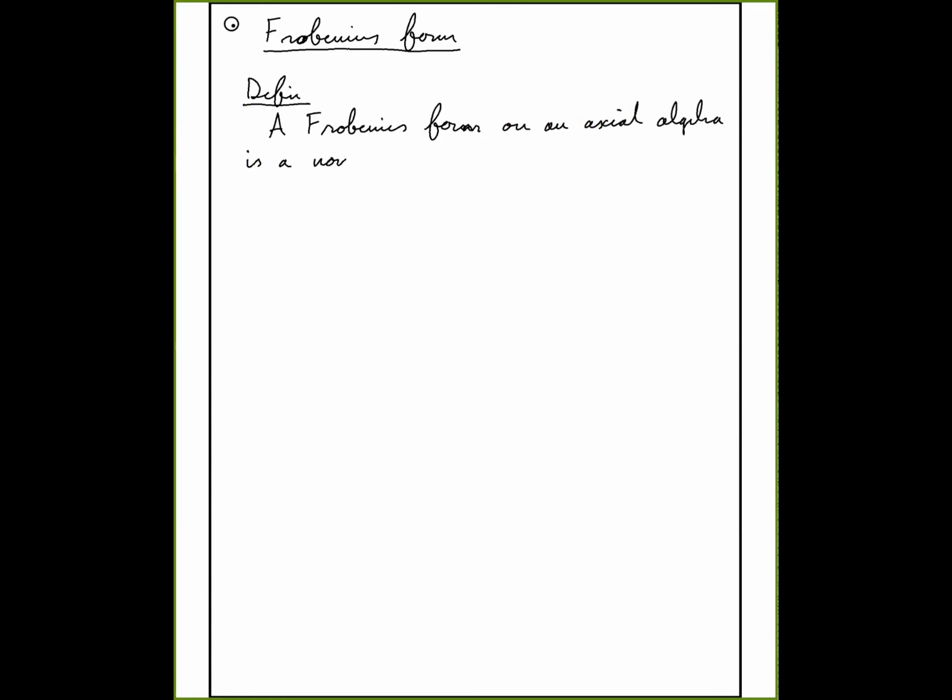So a Frobenius form on an axial algebra is a non-zero bilinear form, and I'm going to write brackets for mine, from A cross A to F, which associates with the algebra product.